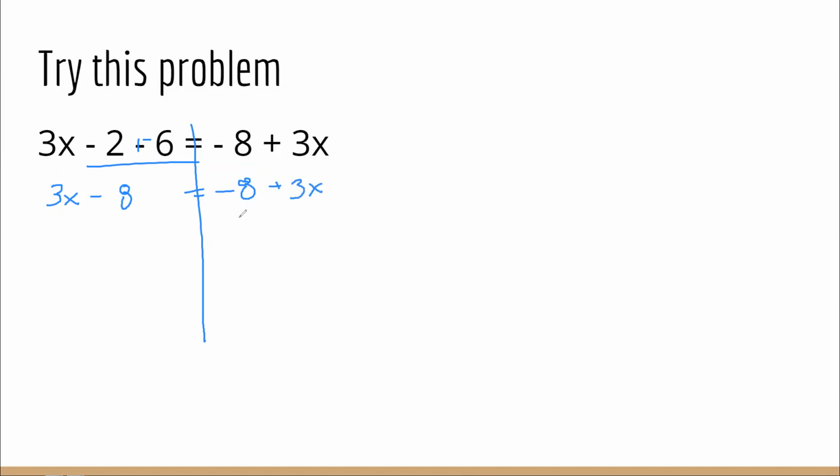Next thing I'm going to have to do is combine my variables. So I've got a variable on the left and a variable on the right. So let's move this one over to the other side. It's a positive 3x. So I'm going to do a minus 3x to both sides of my equation. Positive 3 minus 3 gets rid of that, leaves me with a 0.